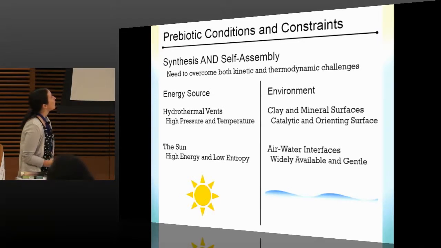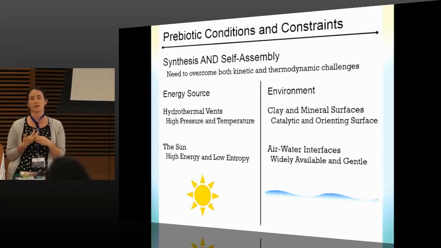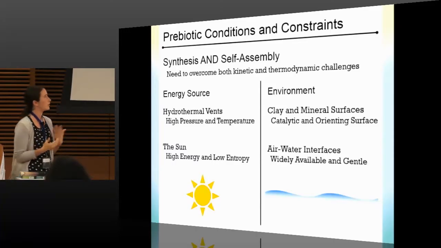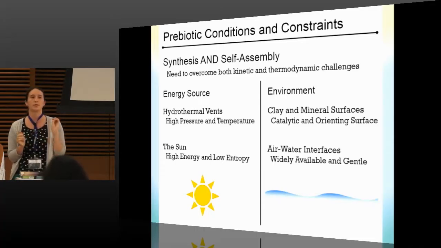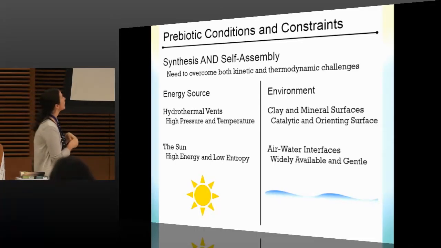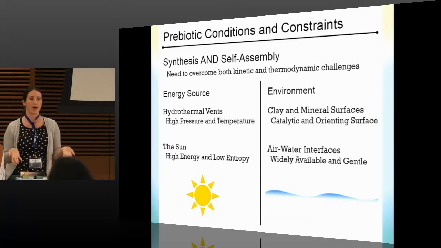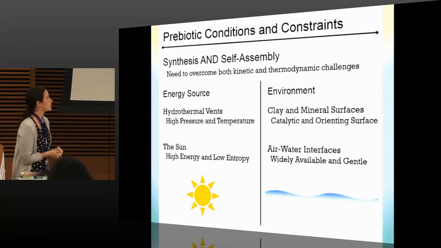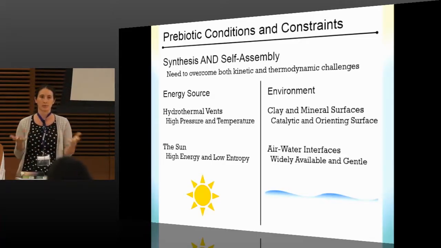And so when you're thinking about making things prebiotically, especially if you want them to self-assemble into a vesicle or a membrane or an enclosure, you need favorable conditions for both synthesis and self-assembly. And so people use an energy source. Hydrothermal vents are very popular. We use the sun, we use photochemistry. And for environments, people talk a lot about clays and mineral surfaces.